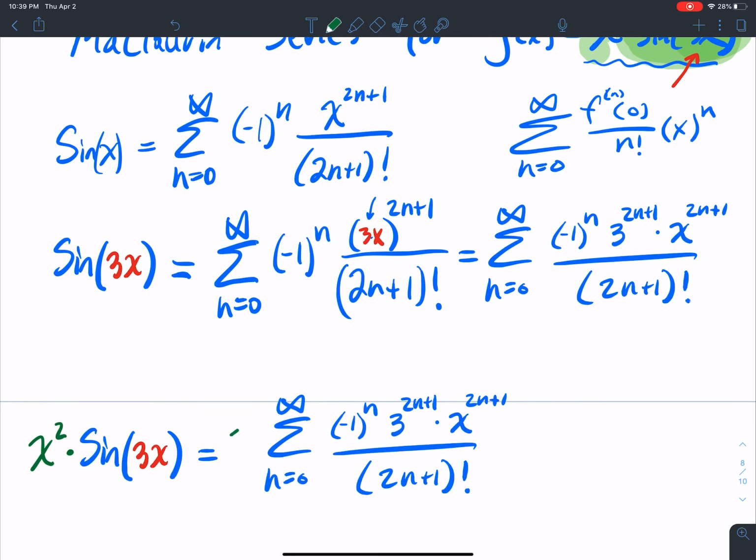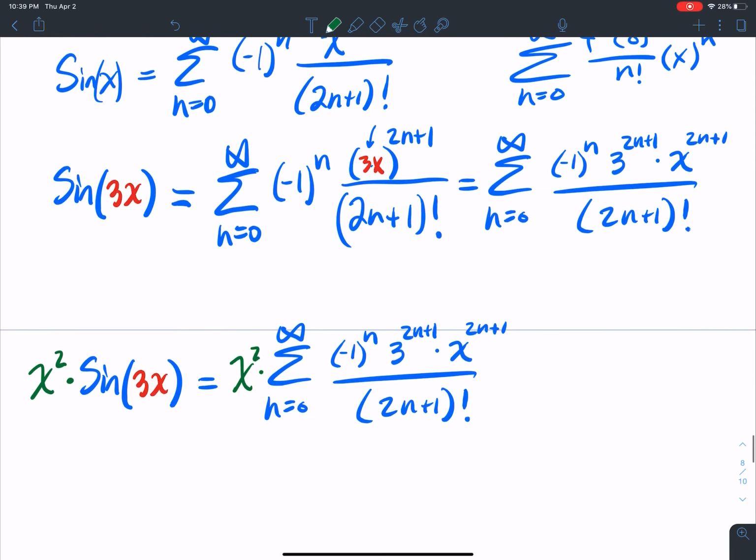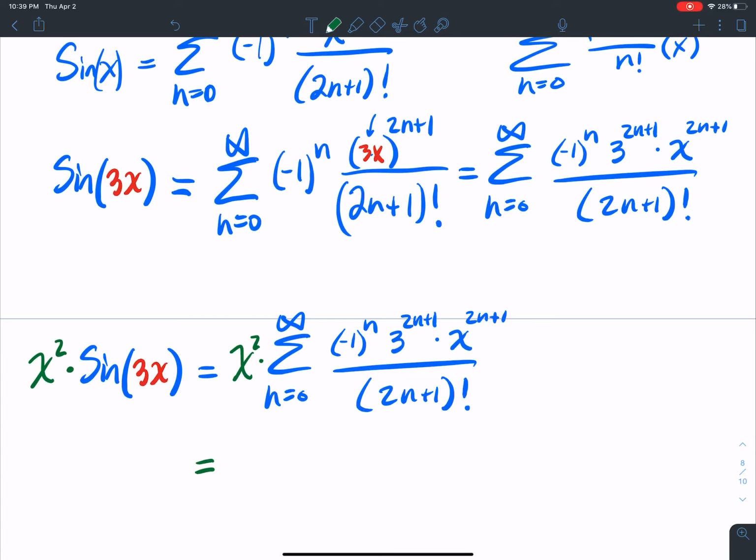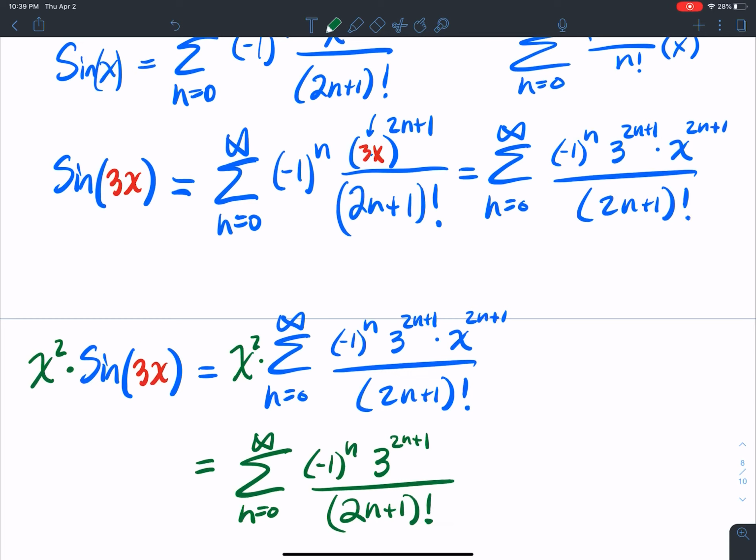I'm going to multiply by x squared over here, and bring the x squared into the summation. And so I get -1 to the n, 3 to the 2n plus 1 over 2n plus 1 factorial times x squared times x to the 2n plus 1.